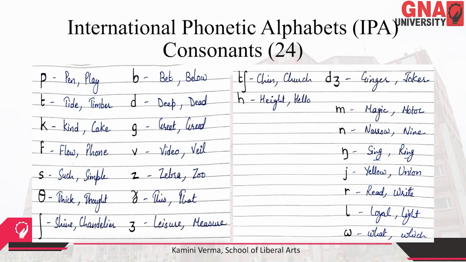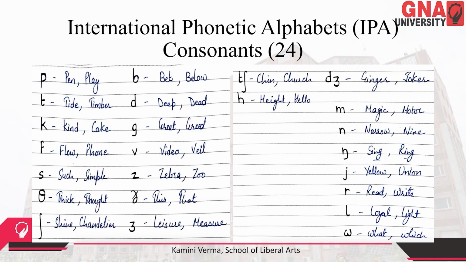Now this sound is usually not the initial sound, except in a few words. If you are a Hindi language speaker, you can take it that it is a combination of the sh and y sounds together. Whenever you say the word pleasure, you are not saying it with only the sh.